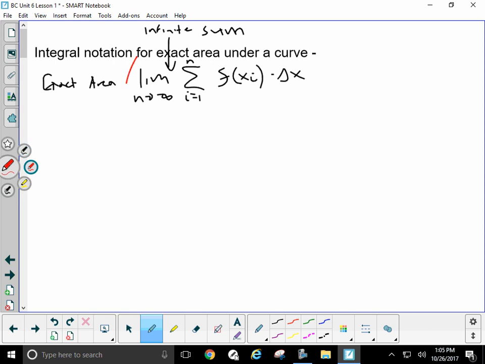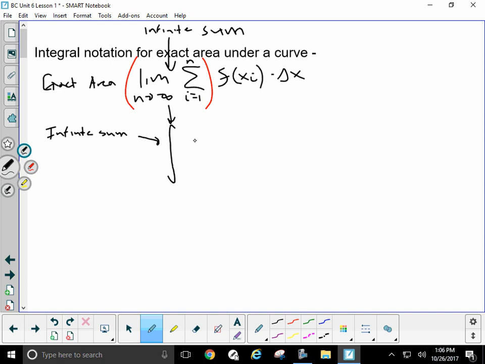They said replace this with a tall, skinny s that looks like that. Okay? This is replacing this. It stands for an infinite sum, just like the other one does. Instead of all of this, limit as n approaches infinity of the sum, boom, tall, skinny s.